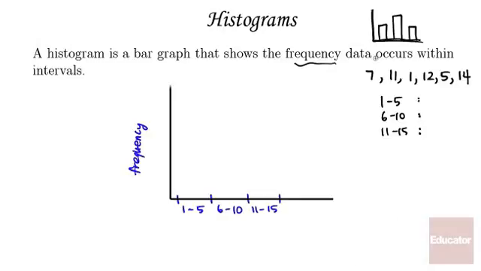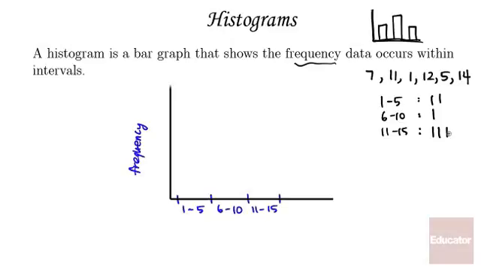Every time a number falls under that group, I'm going to tally it up. So 7, the first one, is right there. That's a tally mark for this group. 11 is going to fall under there. 1 is going to fall here. 12 here. 5 here. And 14 is going to be there.